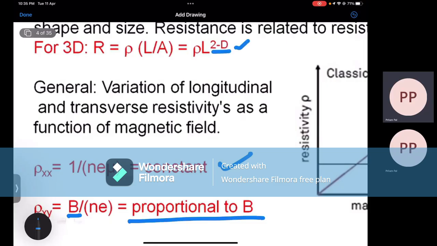We have already done this, right? So this is ohm. This is the dimension. Okay.